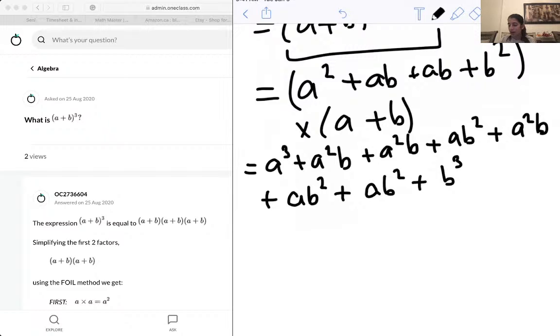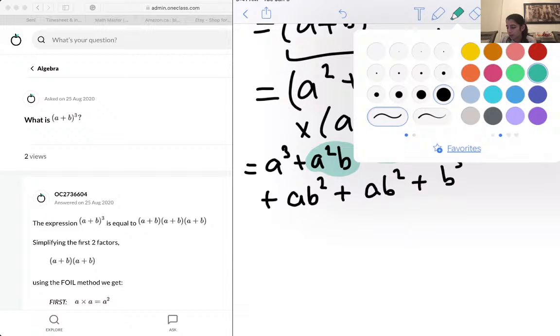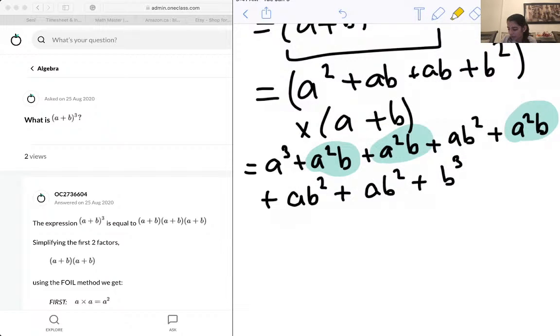Next, what we're going to do is add up all of our like terms. So I'm going to choose green for all the a squared b, sorry. And then I'm going to choose yellow for the ab squared. Next, I'm going to add up all the like terms.